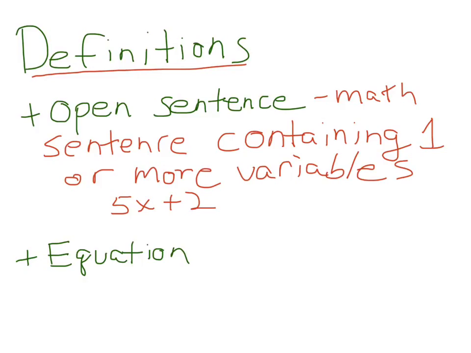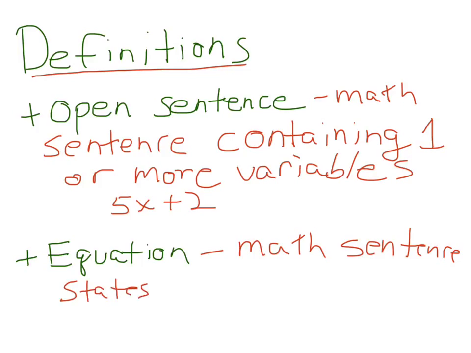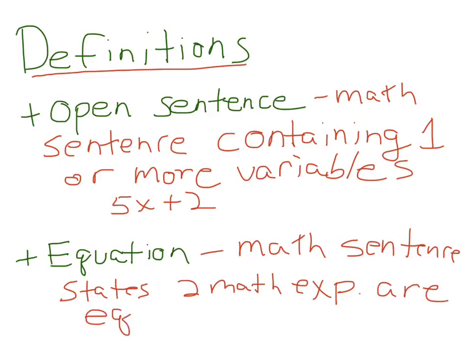The second definition that we want to take a look at here is equation. An equation is defined as a math sentence that equates or states that two math expressions are equal.